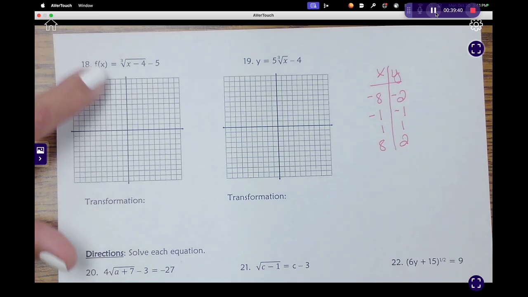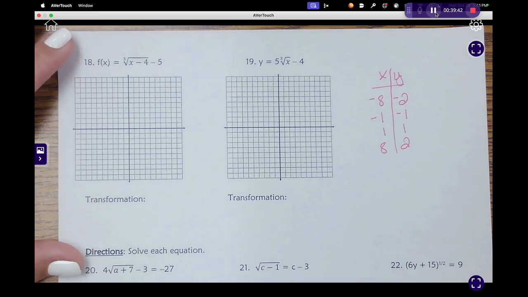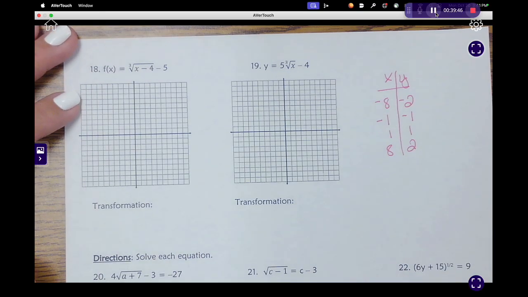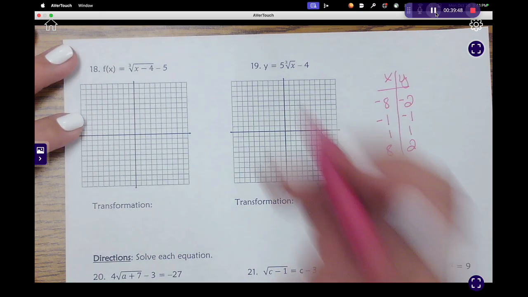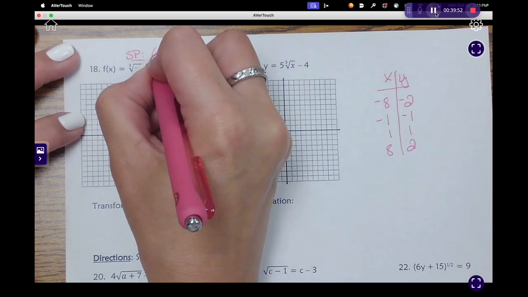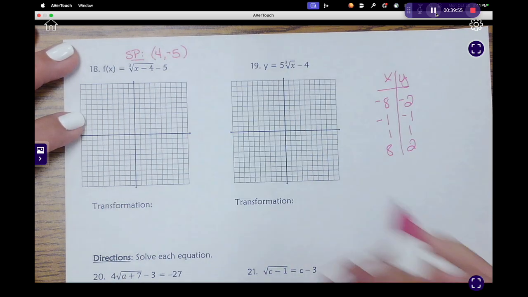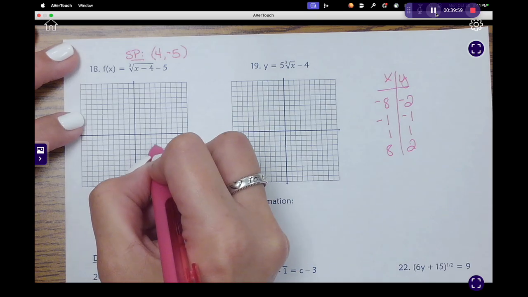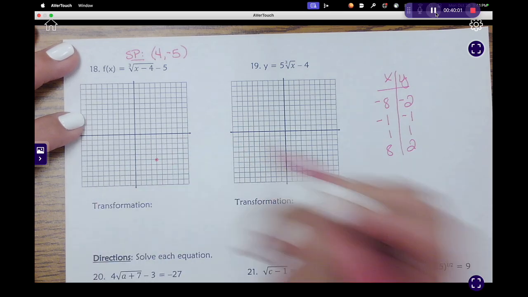Okay, so now looking at this one, I still want to find our starting point. So looking at this one, starting point is at 4, negative 5. So I'm going to go over 4 and then down 5. So that's my starting point.